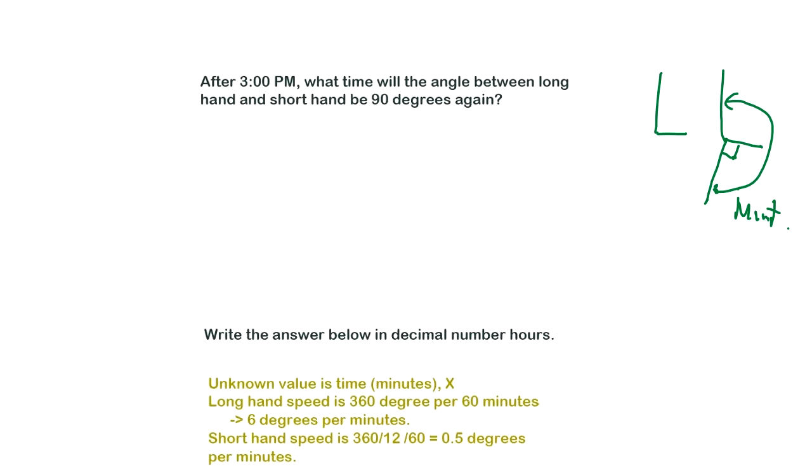So this angle and this angle, we calculate same angle. The angle moves 360 by 60. Let's say each minute it's moved that much angle. Okay, so that's the way it goes.